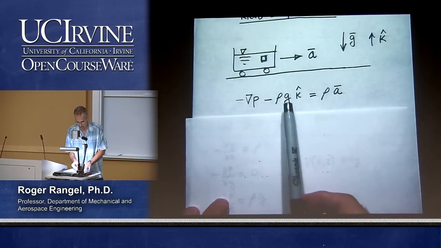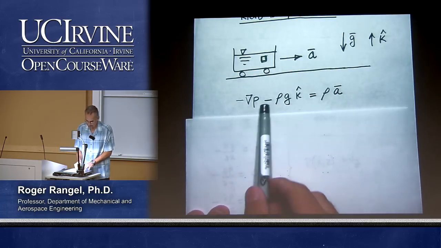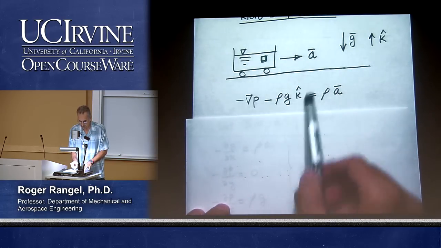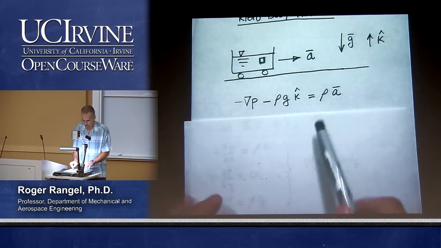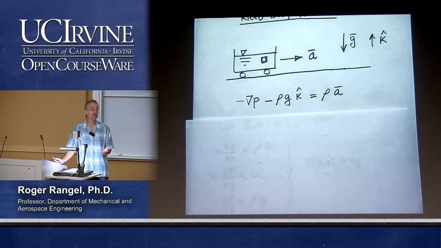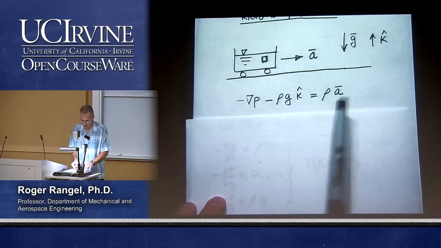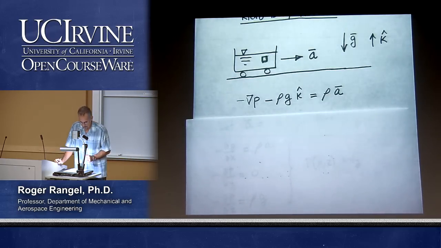So it's just density times gravity, and we know that's in the negative k direction, so I've already included the direction of this vector by putting that minus k in there. And then the right-hand side, which in Newton's law would have been ma, but since we're doing it per unit volume, is rho a, the density times the acceleration. So that's my Newton's second law equation per unit volume for a fluid element.